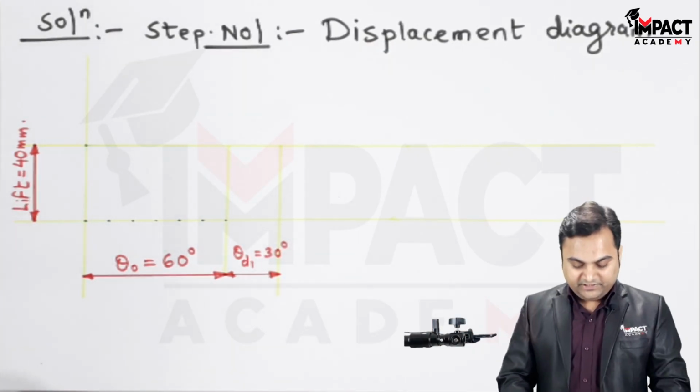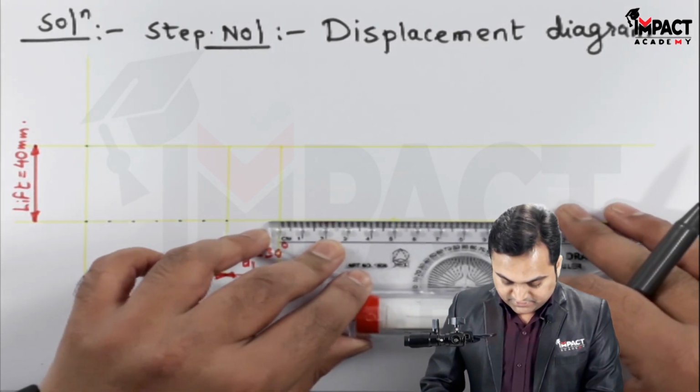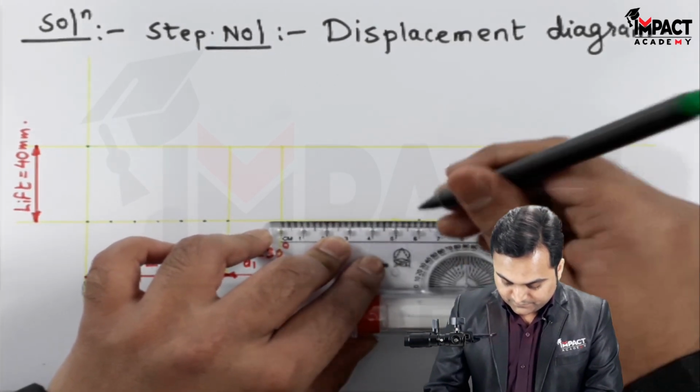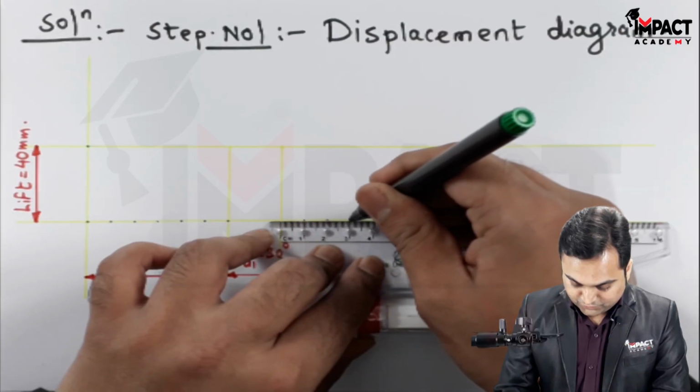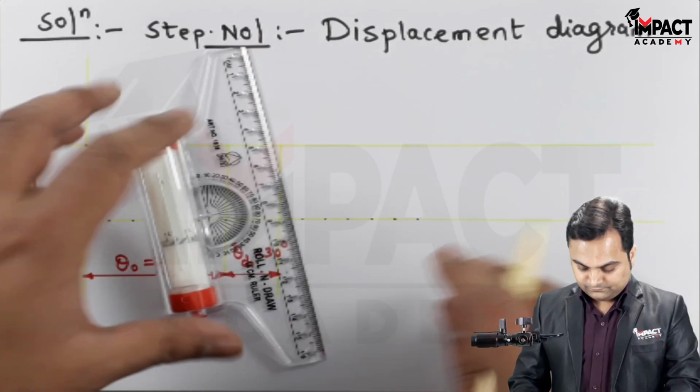So again that will be divided into 6 equal parts, taking 60 degree as 6 centimeters.